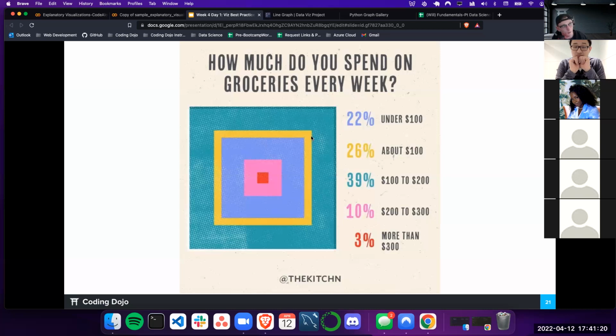Yeah, so it's not the width of the strip, it's actually the size of the square that represents the proportion of the 26, the 22, and then the 39 is all of the data. That's why the square is misleading, because the strips are wider than the actual area, and then you have the inner square inside, which kind of represents proportion. The way that size works is just confusing. Exactly, it's very confusing.